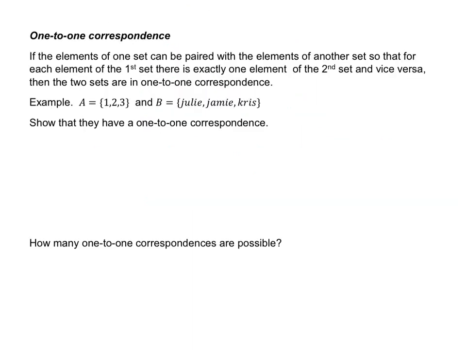All right, flipping over to the next page, we have something called a one-to-one correspondence. If the elements of one set can be paired with the elements of another set, so that for each element of the first, there's exactly one of the second, and vice versa, we say that there's a one-to-one correspondence. For example, if I have set A, which is the numbers 1, 2, and 3, and I have set B, which is the names Julie, Jamie, and Chris, we could show that they have a one-to-one correspondence by mapping each element in A to a name.